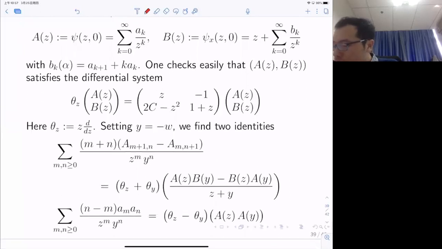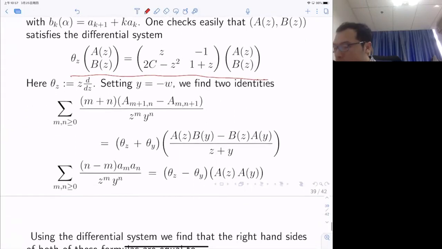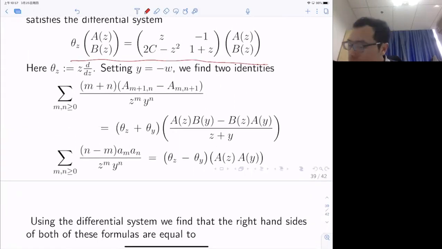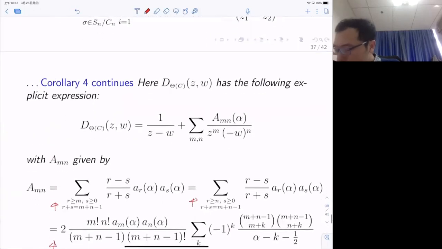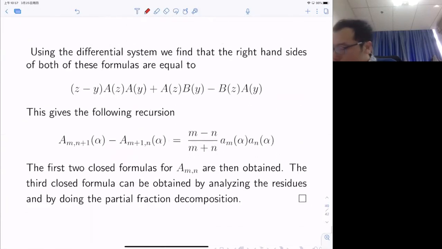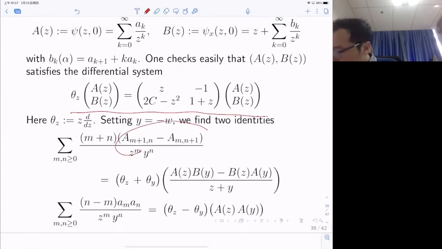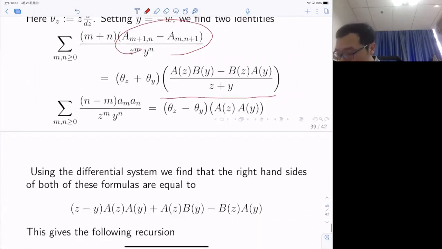We gave a linear system, given by this ODE system, and then we find the generating series of this A_{m,n}. With this difference, we can solve this generating series with A and B here, and the generating series of A_{m,n} is also given by this.